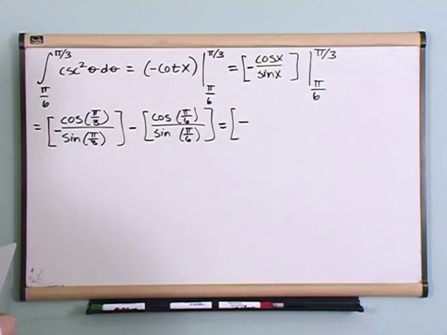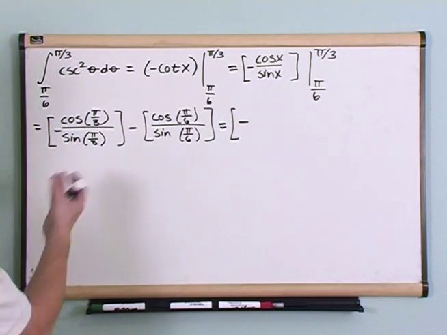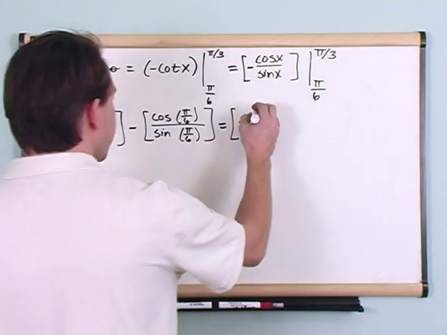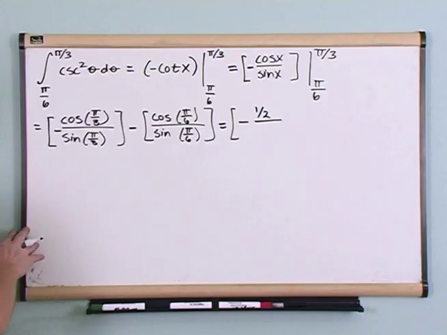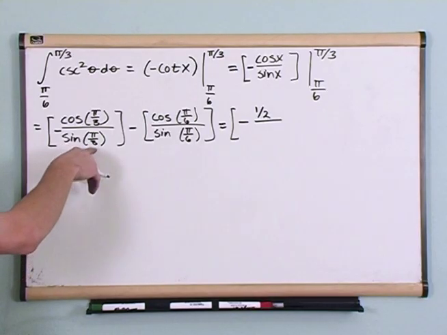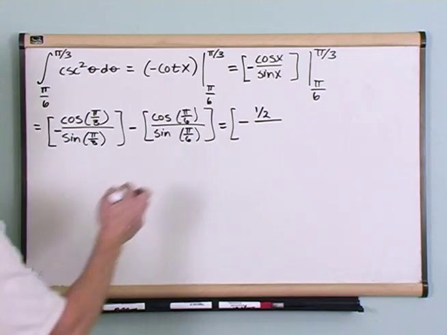Okay, cosine of pi over 3 is the same thing as cosine 60 degrees, which is 1/2, so I'm going to have 1/2 in the top of this right here. The sine of pi over 3, which is the sine of 60, is the same as the square root of 3 over 2.